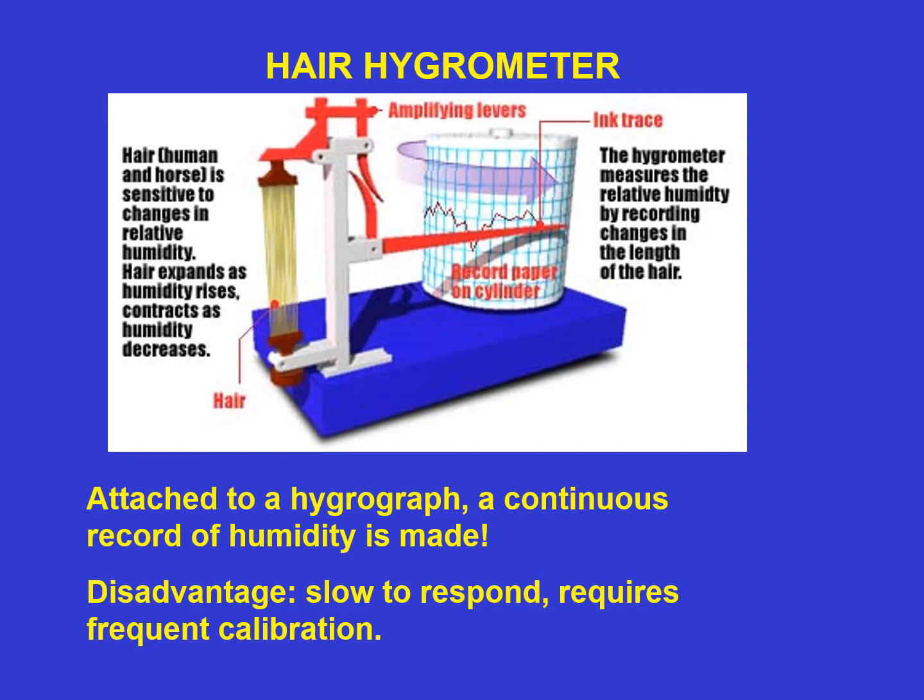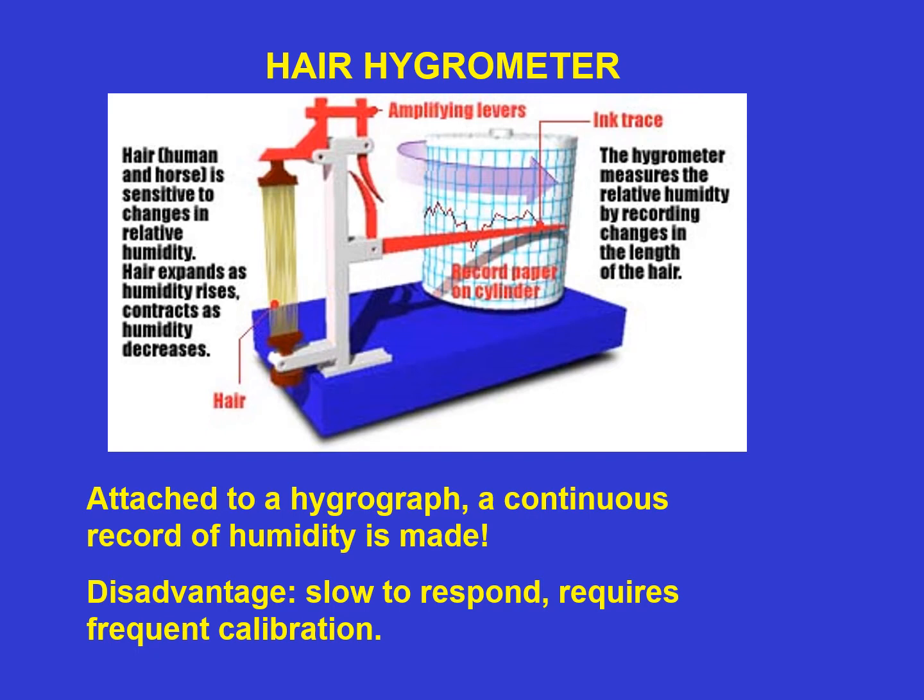Hair expands as humidity rises, contracts as humidity decreases. We kind of know that from living here in the South where we have high humidity. There are some days that your hair, my hair anyway, is just going to frizz no matter what. I don't even try to make it not frizz because I feel it's a losing battle.